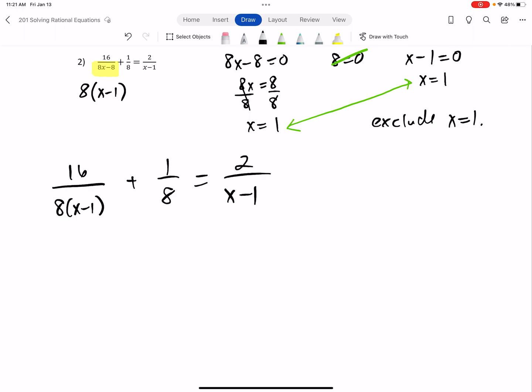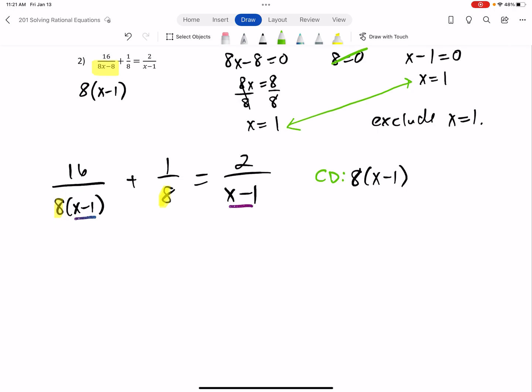And I do that because I don't want to put 8x minus 8 and x minus 1 into my denominator. So in my denominator, I'm going to use the 8, which I see appears here and here. And I'm going to use the x minus 1 because it appears in two places there and there. So I'm going to make my common denominator 8 times x minus 1.